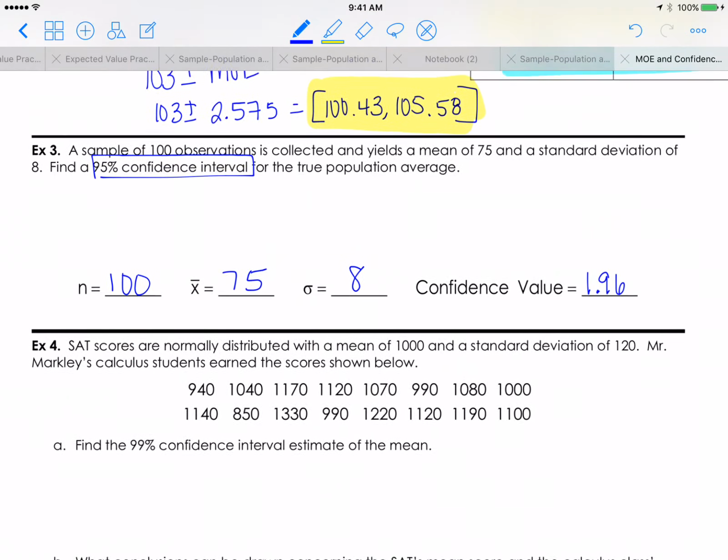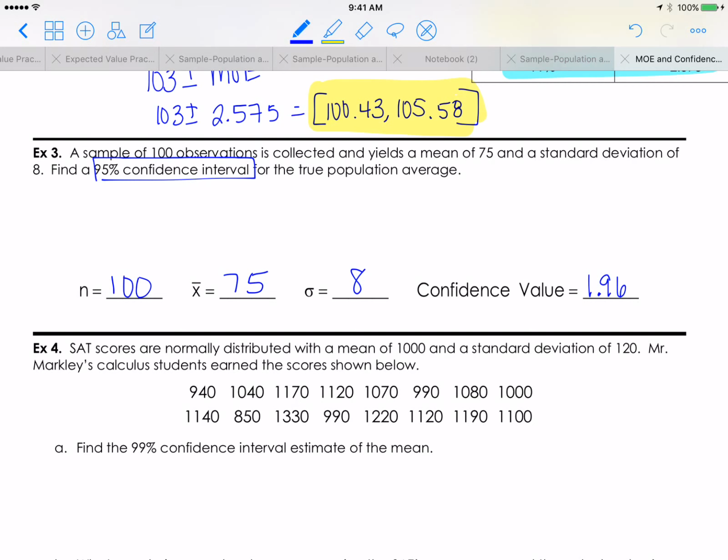Now we can figure out our interval, our range for our mean. So same thing that we've been doing. We have 75 plus or minus your z-score, which is 1.96, times the standard deviation divided by the square root of n.